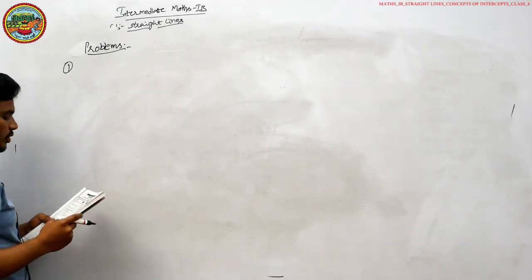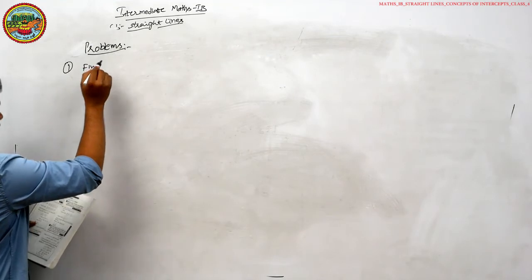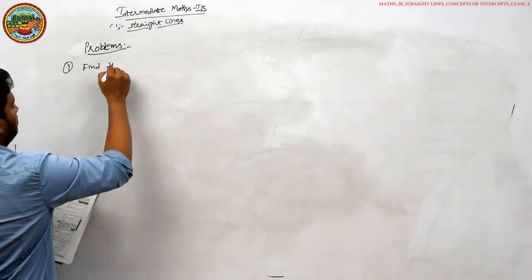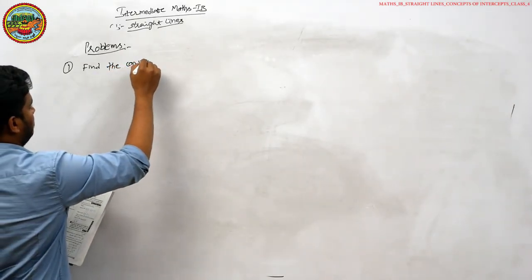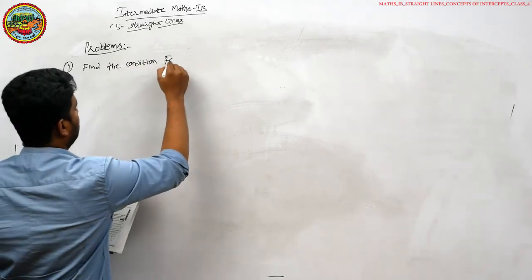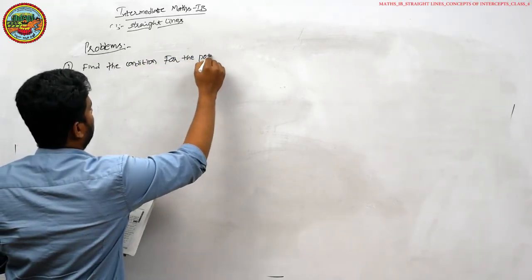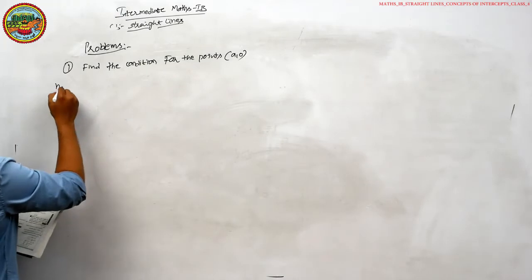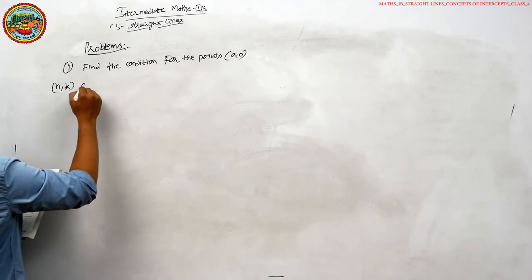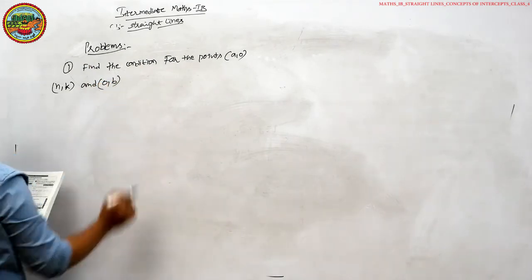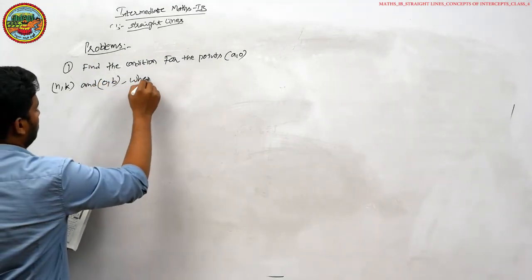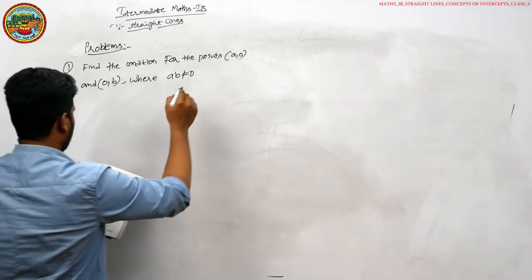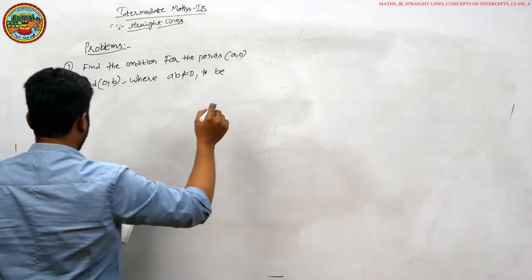Find the condition for the points (a, 0), (h, k), and (0, b), where ab not equal to 0, to be collinear.